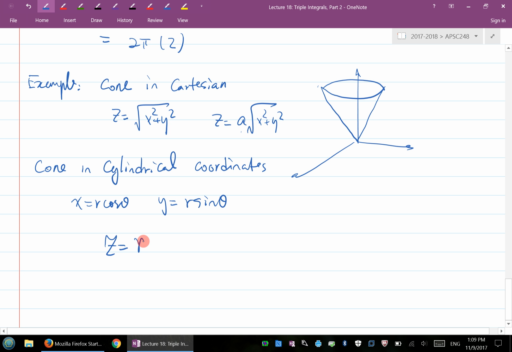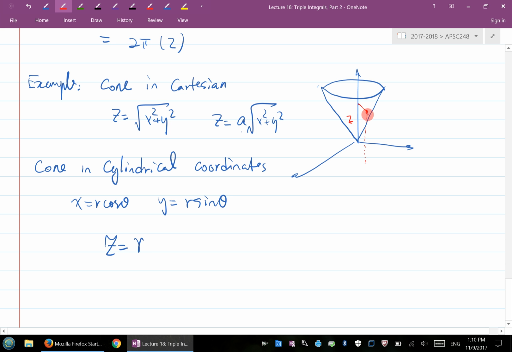So let's interpret this a little bit. What does z equal to r mean? Here's how we can interpret. Let's pick a point on the cone, any point on the surface of the cone right here. Then I'm going to project that point to the xy plane. This point on the surface of the cone definitely has a z coordinate.